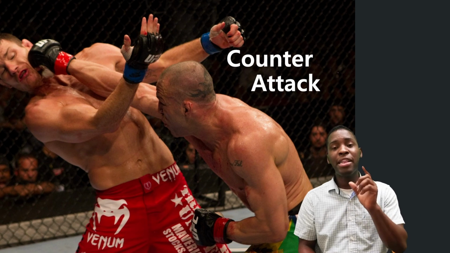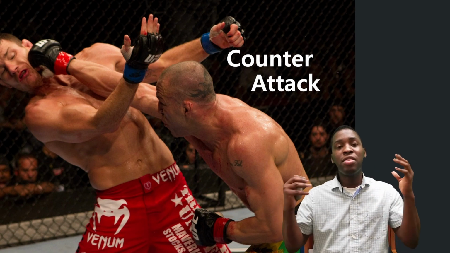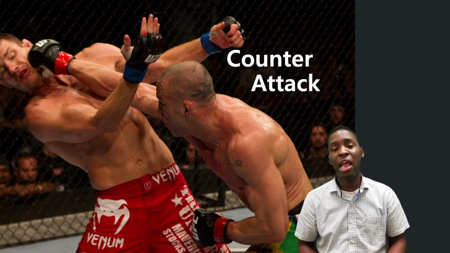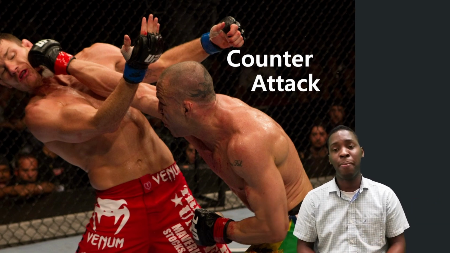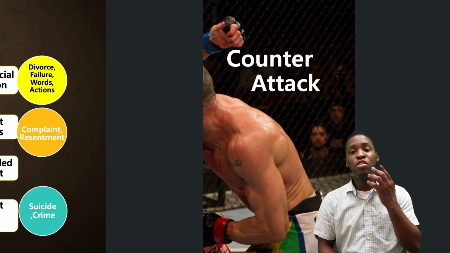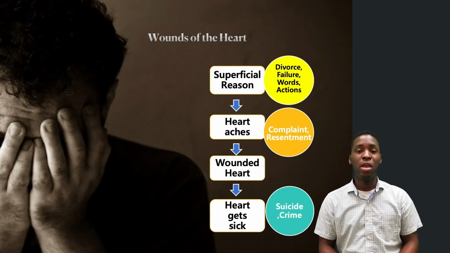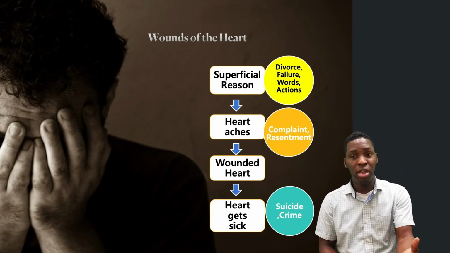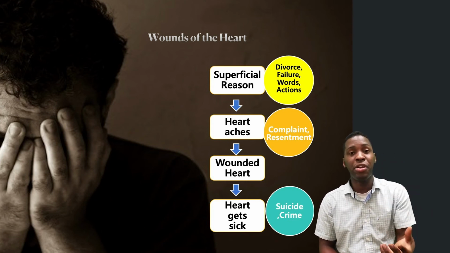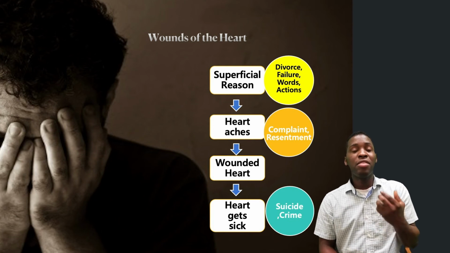I was hurt. And I'm sure that many people close their hearts towards their family members because they might have been hurt. So these superficial reasons cause heartaches. They cause wounds in people's hearts. And later on, the heart becomes sick. The heart becomes diseased. And then that leads to something even more severe.